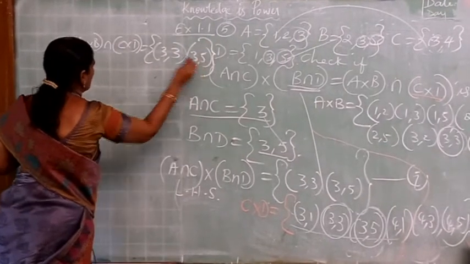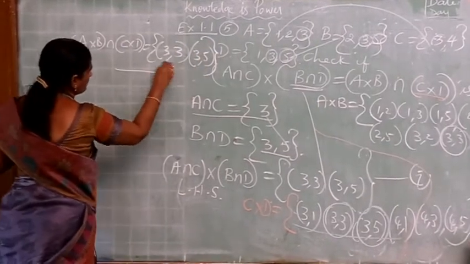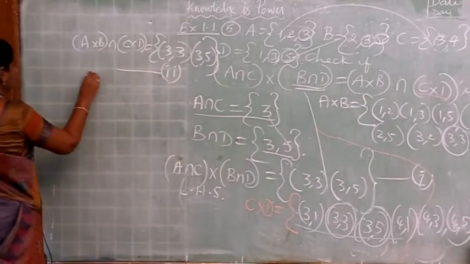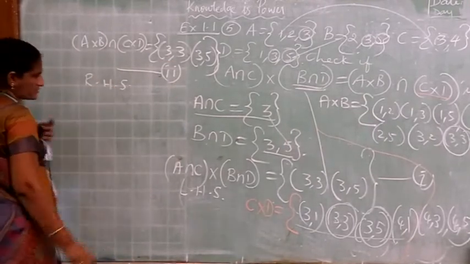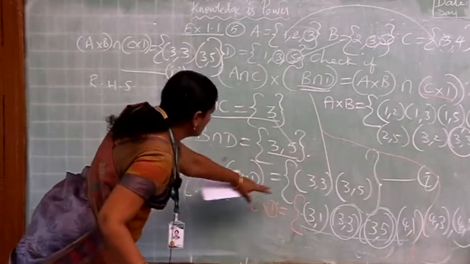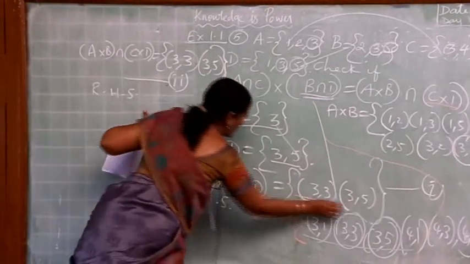Okay. So this is what we have, RHS. So what is LHS? (3, 3) and (3, 5).